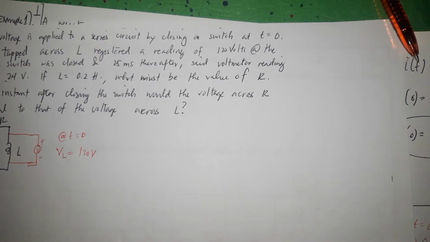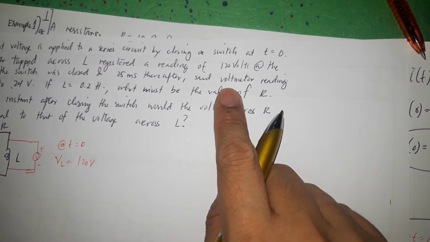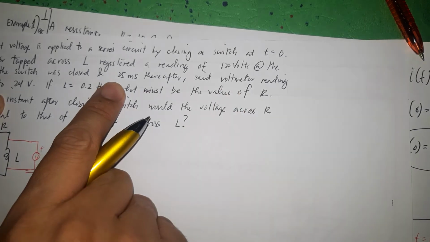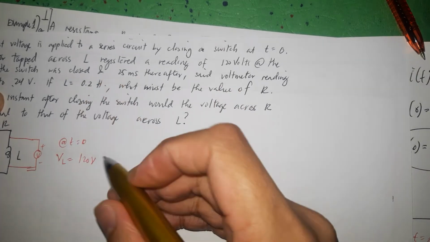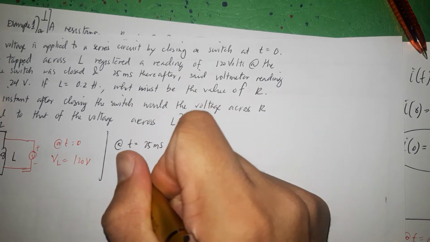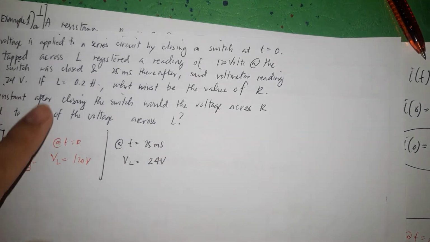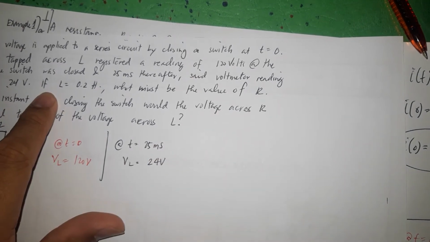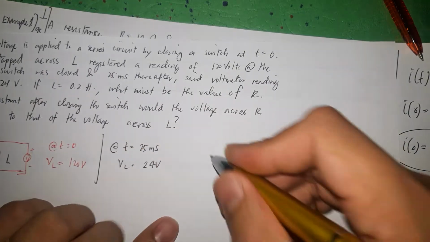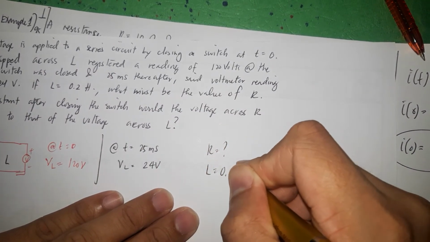Said voltmeter reading dropped to 24 after 25 milliseconds. So at time t is 25 millisecond, voltage is now equal to 24 volts. We are looking for the value of R when L is 0.2 Henry.